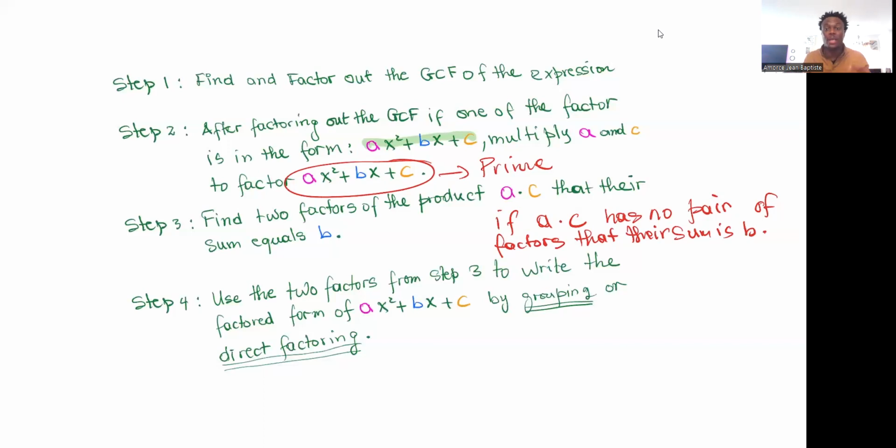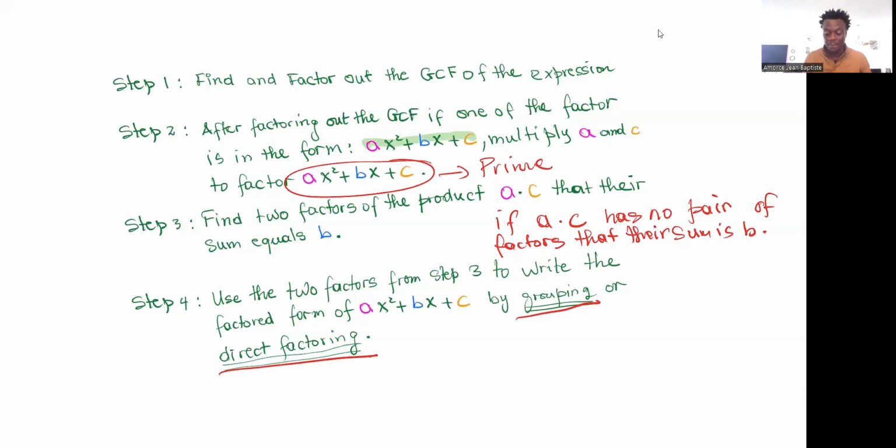So you will try to find factors, you add them to see if they are the right factors and find out if the sum is b. If the sum is not b, then the trial fails, and then you try again other factors. Now, if all the factors don't work, then you make your conclusion that this expression is a prime trinomial. Otherwise, you will find the factors and then you move on using one of these two methods that I'm going to show you. I'm going to show you both methods for the problems.